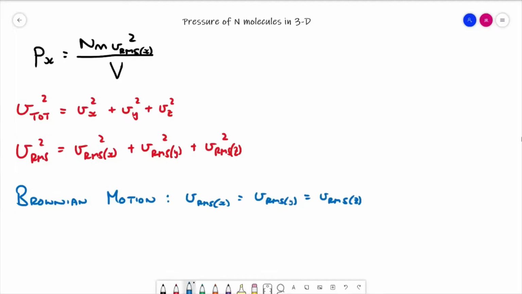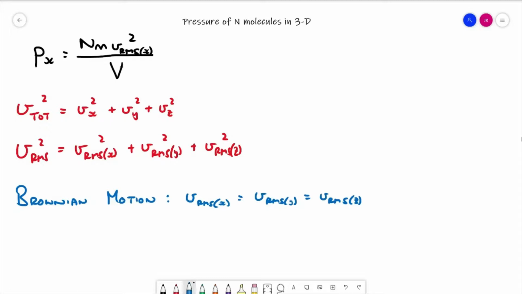Now, we know that if we were to take a temperature probe and a thermally isolated room, no matter which direction we point our thermometer in, we're going to get the same temperature, because it comes down to energy, and obviously energy is a scalar and direction doesn't matter when we're talking about scalars.